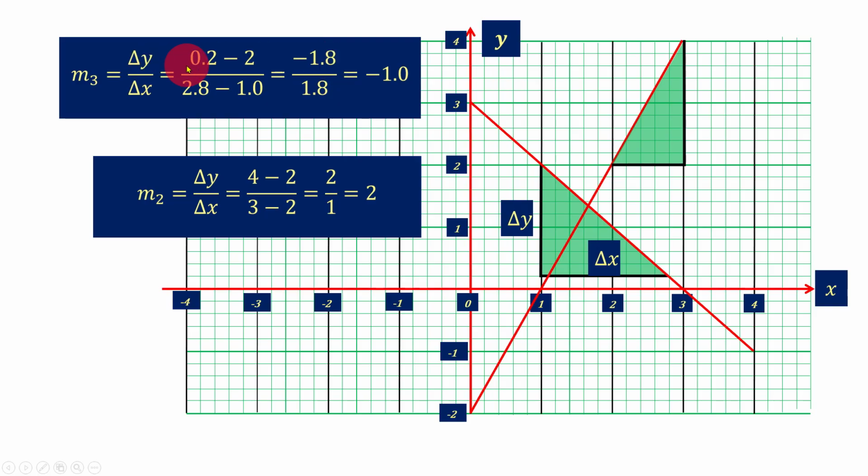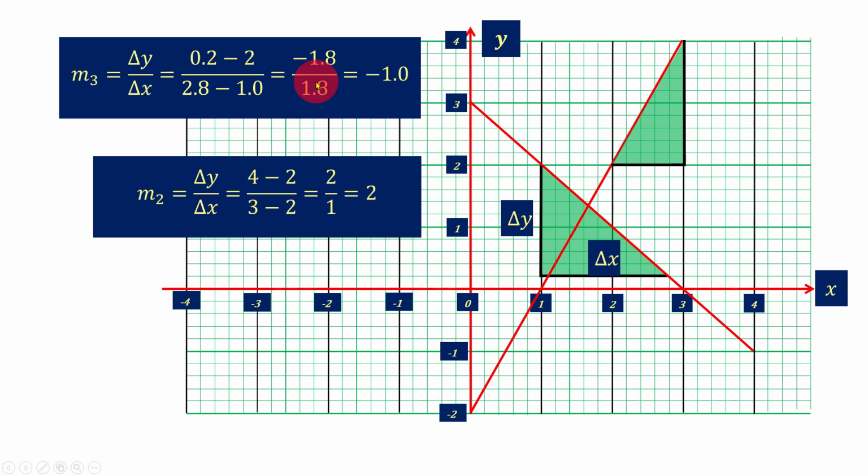You'll find that the change in y will be 0.2 minus 2, because now we start from this coordinate. This is x1, y1, this is x2, y2, and you can see y2 is 0.2 while y1 is 2, but the value of x2 is 2.8 while x1 is 1.